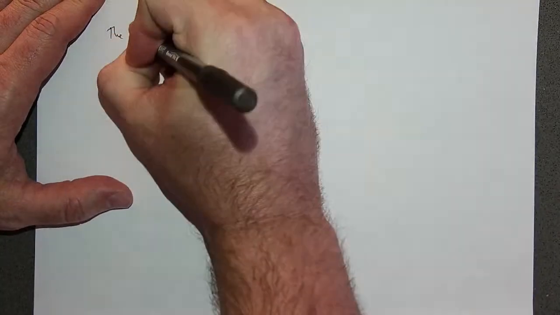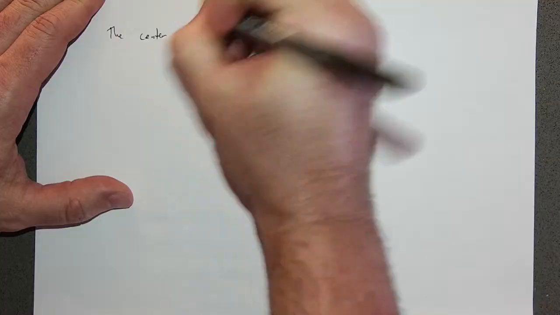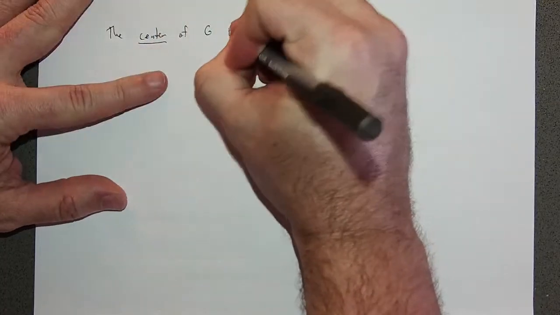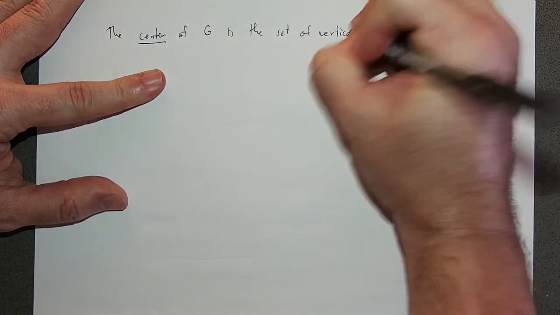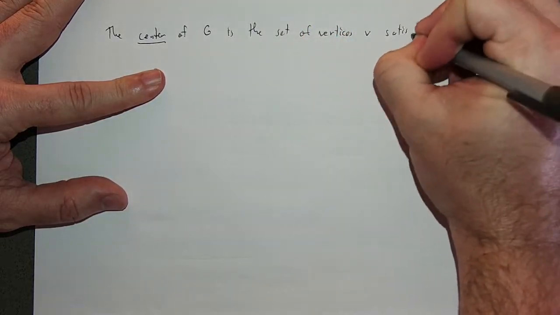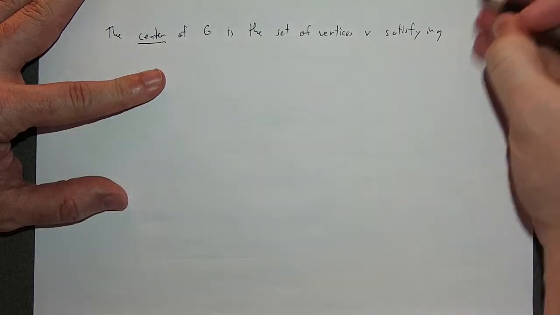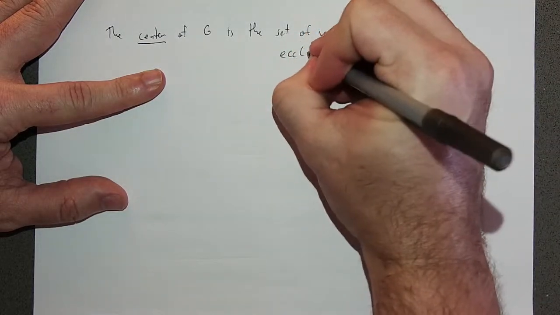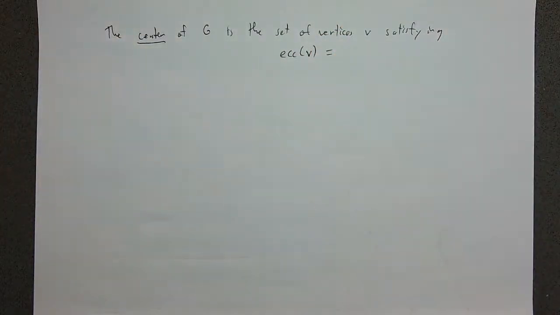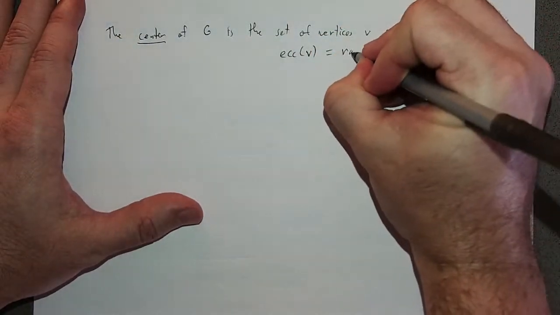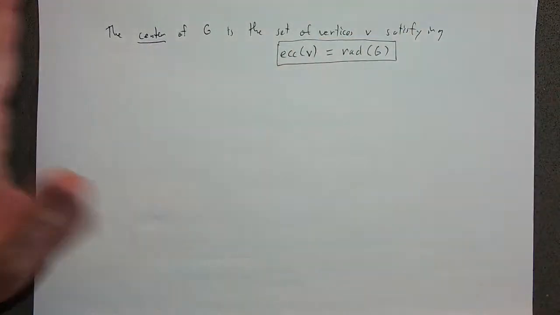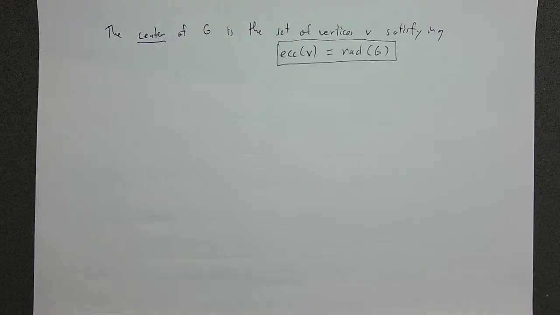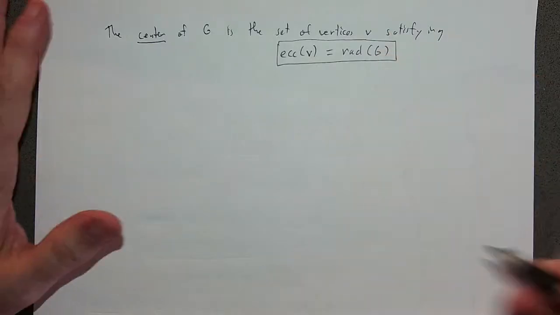The center of a graph G is the set of vertices V satisfying that the eccentricity of V is equal to the radius of G. I'm not going to write that in set builder notation, but okay, maybe I should.